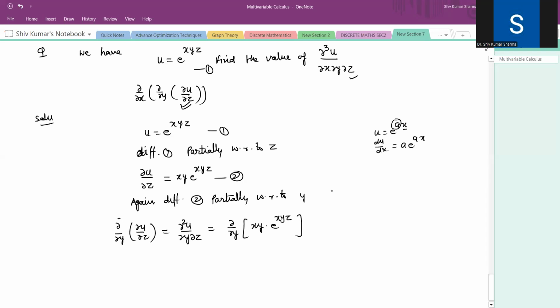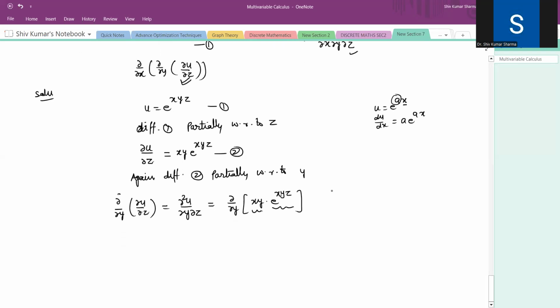Here we see that there are two functions of y. First, y is here, and second is here. So we use the product rule for differentiating partially. This is our first function, so we write the first function as it is and the derivative of the second function. The derivative of the second function with respect to y, we treat x and z as constants.